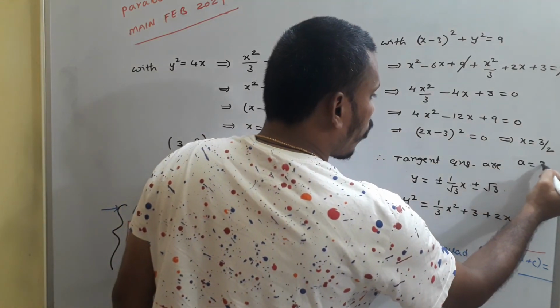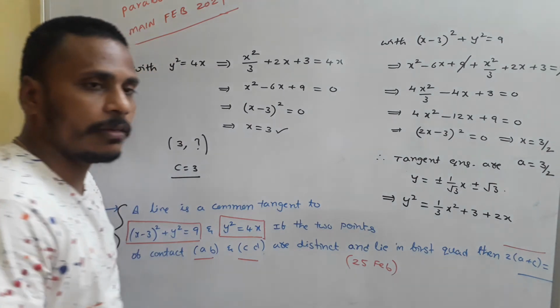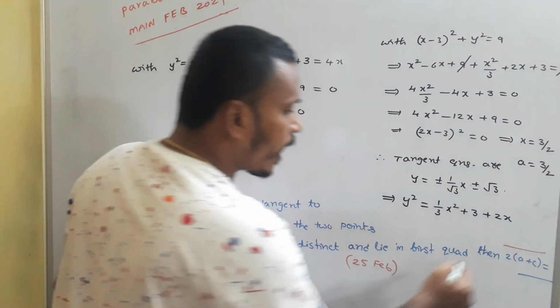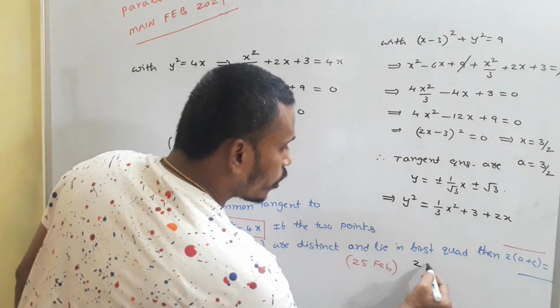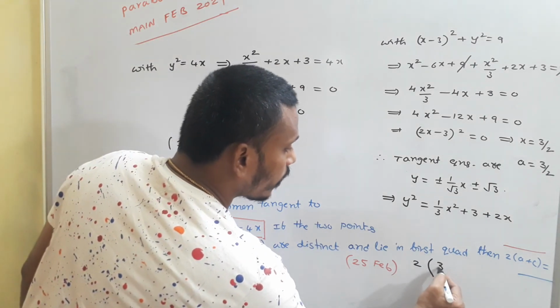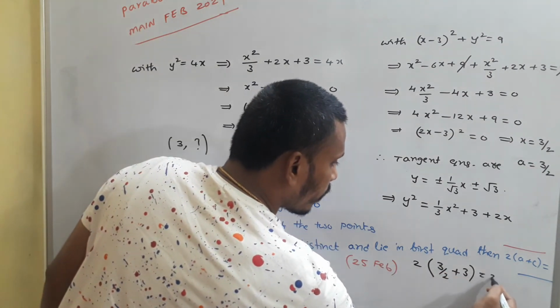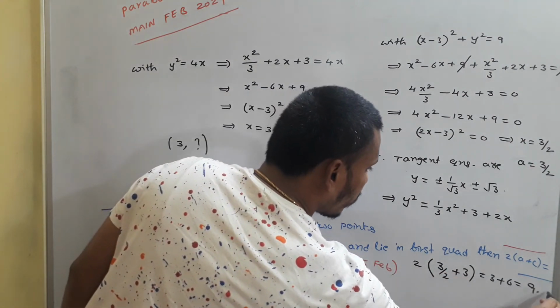Comparing with the point A, the value of A is 3 by 2, and C is 3. The question is about calculating 2 times A plus C. So 2 times A is 3, plus C is 3, simply 3 plus 6 gives 9, and our answer at the end is 9.